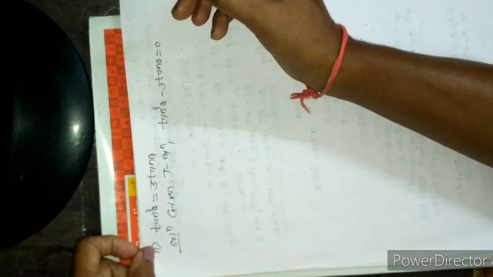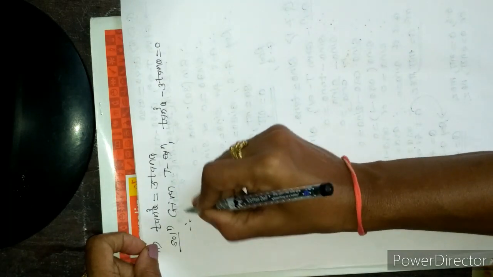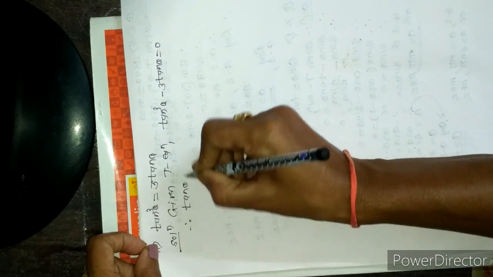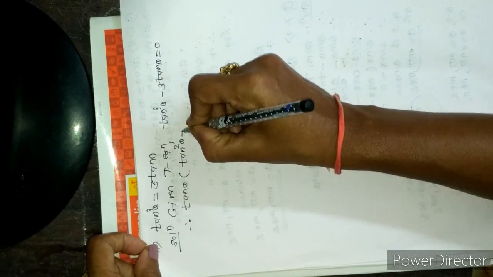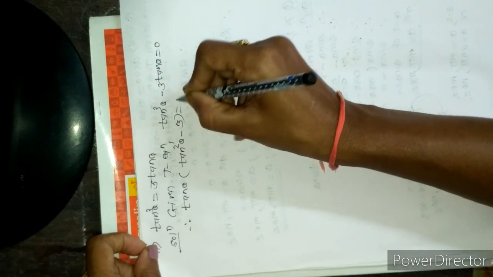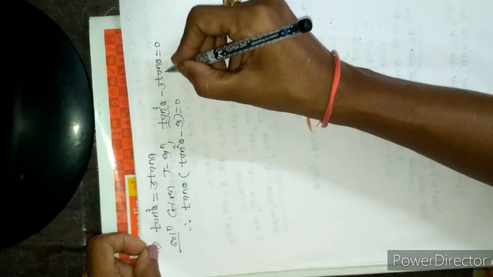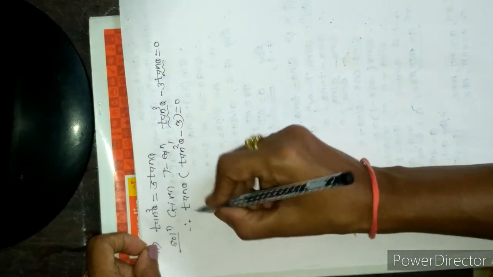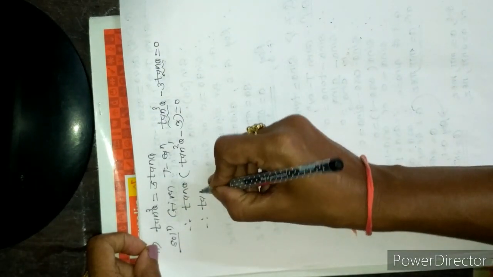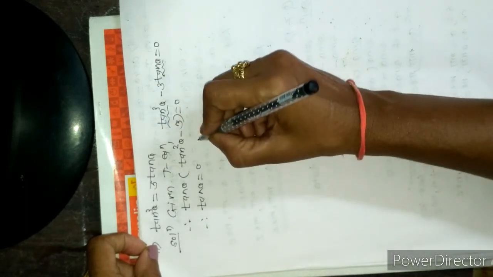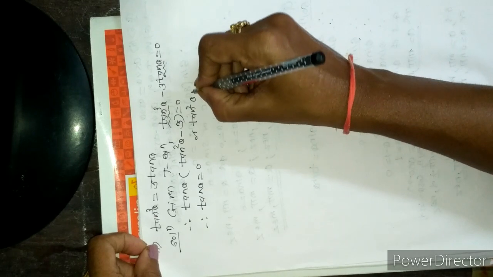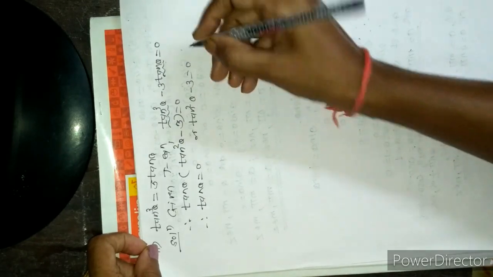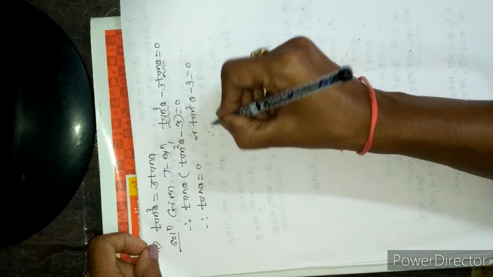First we write this equation as it is, then you can simplify by taking tan theta common. So we get tan square theta minus 3 equal to 0. From this we get either tan theta equal to 0 or tan square theta minus 3 equal to 0. Now we simplify the second equation.